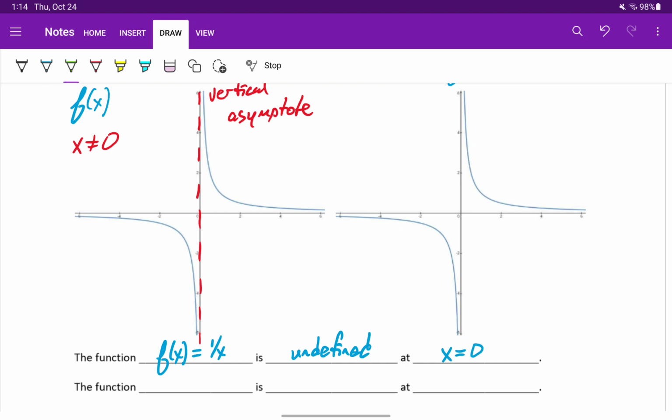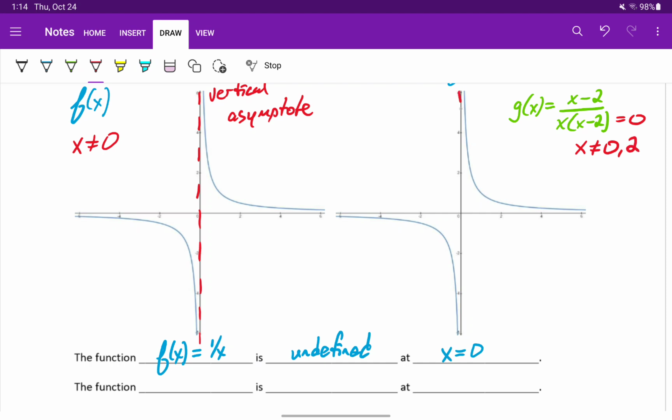The graph that we have on the right looks identical to the graph of f of x, but this is actually the graph of a different function, which we'll call g of x, equal to x minus 2 over x times x minus 2. We can see from setting the denominator of this function equal to 0 that x cannot equal 0 or positive 2.